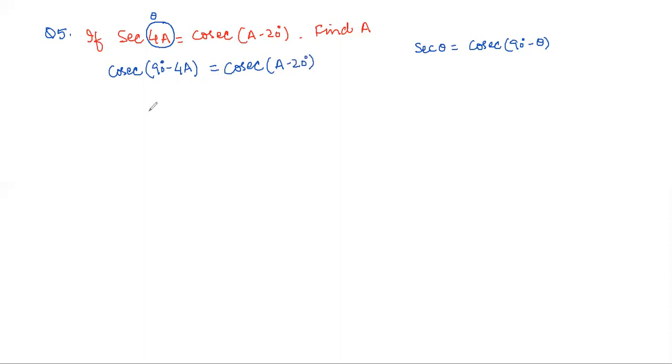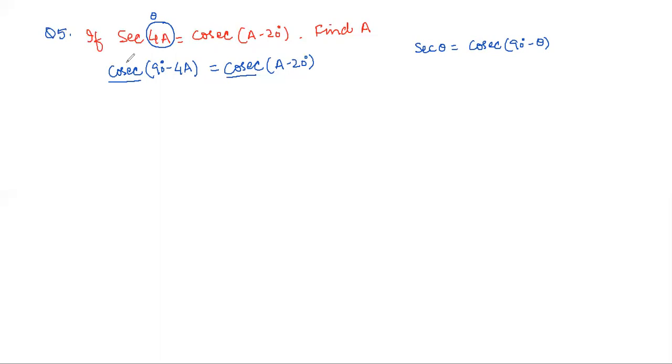Now children, both the side same complement trigonometric ratio is there. This side also we have cosec, and this side also we have cosec. Whenever we have same trigonometric ratios both sides, if the trigonometric ratios are same, then angle attached to them are always equal if the theta lies between 0 to 90 degree. Until class 10th, the angle attached to trigonometric ratios will be from 0 to 90 only as per your syllabus.